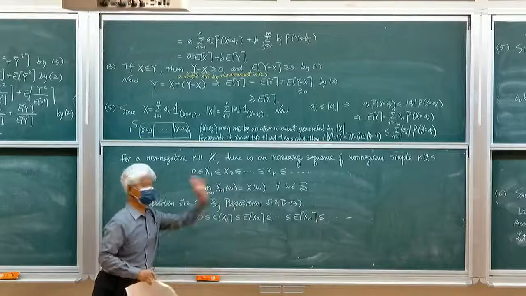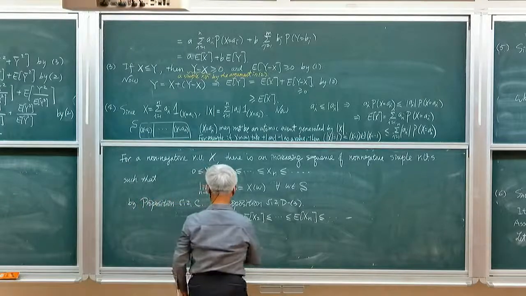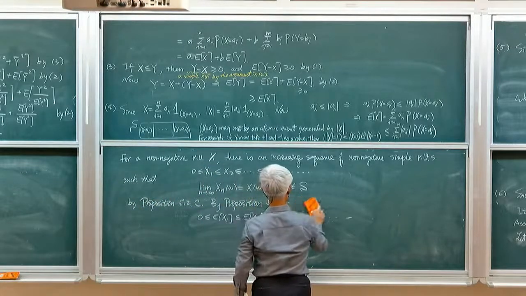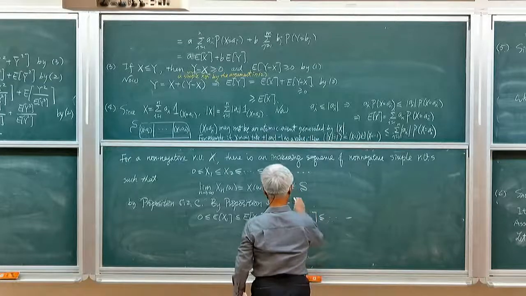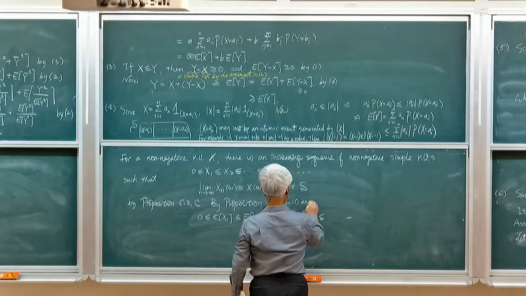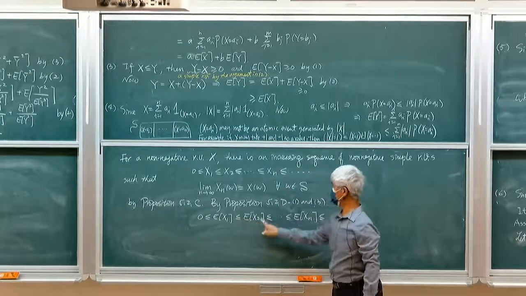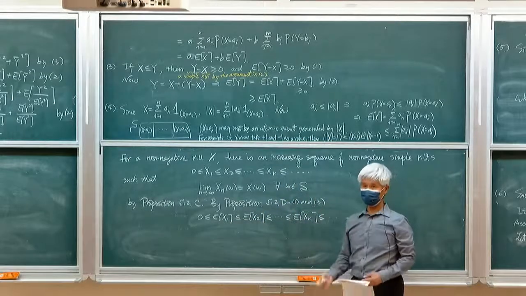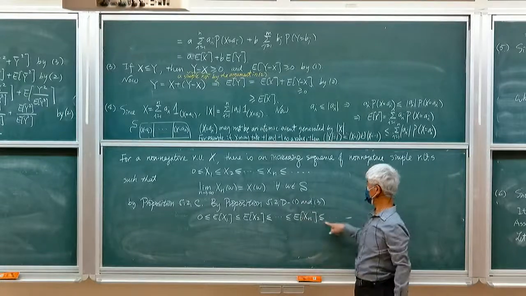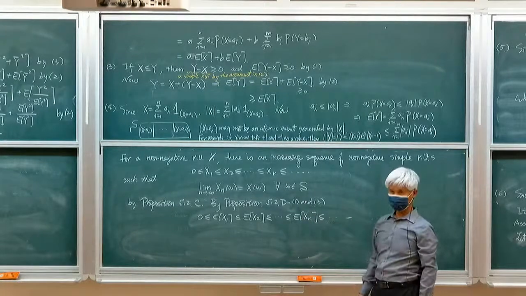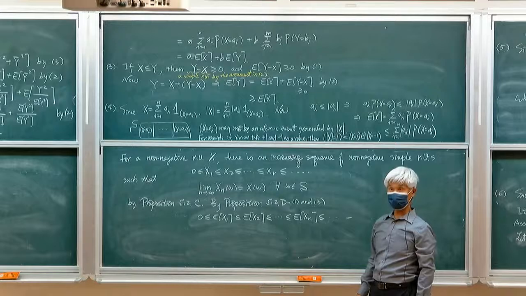We have that by 2 and by 1 and 3. The first one is from 1, right? And the rest of the inequality from the third property. So we have a monotone sequence immediately.